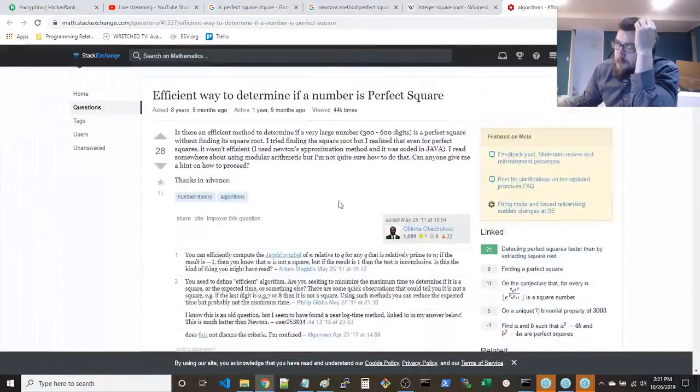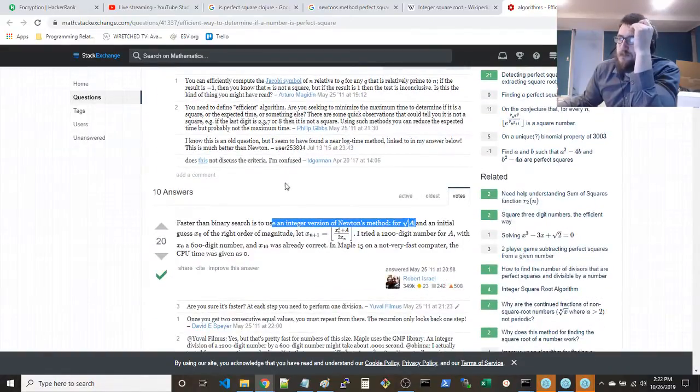Integer version of Newton's method of square root. Oh, interesting.